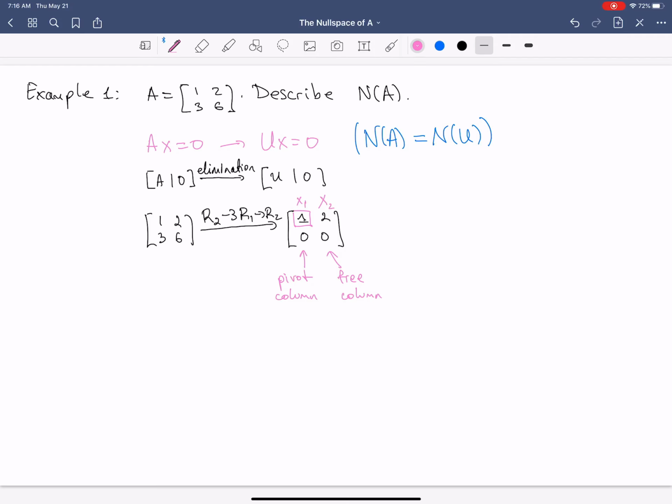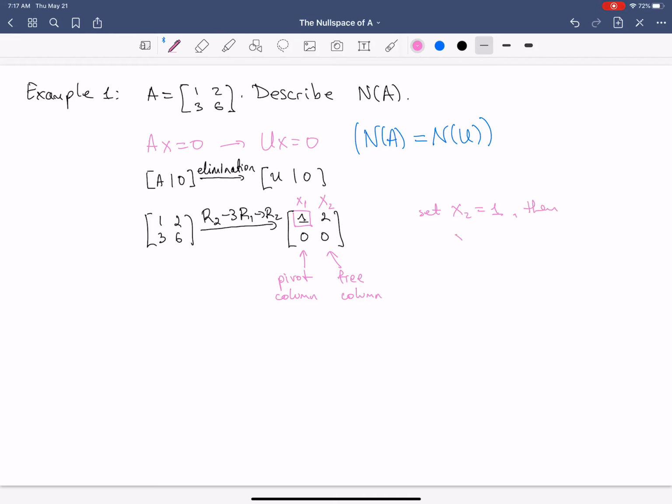So we can find a special solution that solves this equation that is in the null space of A. The way you find that solution is by setting x2, which is the variable of that free column, to be equal to 1. So if we set x2 to equal 1, then let's find x1.